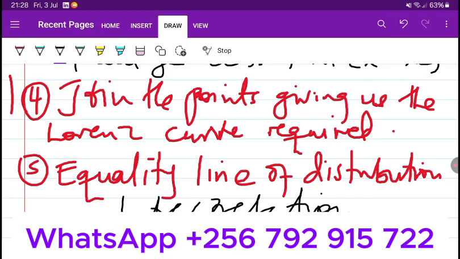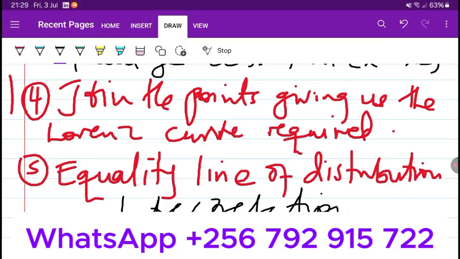So when you are comparing the Lorenz curve with the line of equal distribution, we try to look at the gap in between the line of equal distribution and the Lorenz curve.